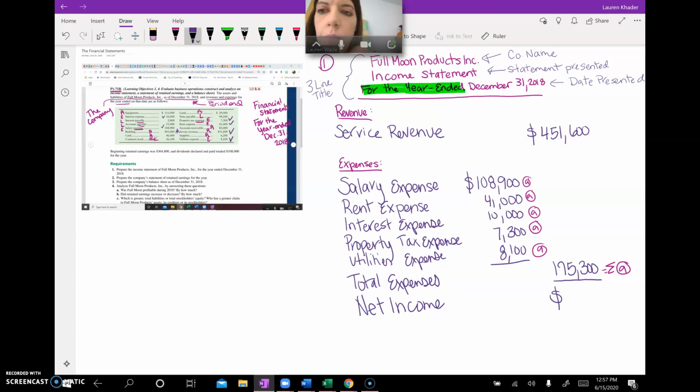So I'm going to label service revenue as B, and I'm going to label total expenses as C, and I'm going to take B minus C, revenue minus expenses, to equal net income for the period. And net income is going to be $276,300.